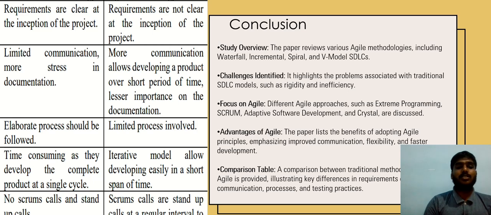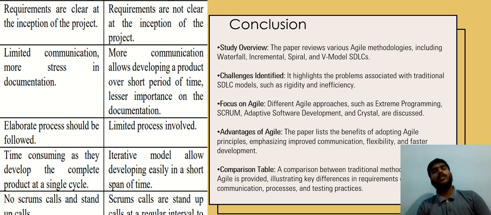At last, it is time consuming as they develop the complete product in a single cycle. The iterative model allows developing easily in a short span of time. I have given an example of Infosys, Wipro, and then another solution, right? So you can go with that example for understanding more in detail about the iterative model.